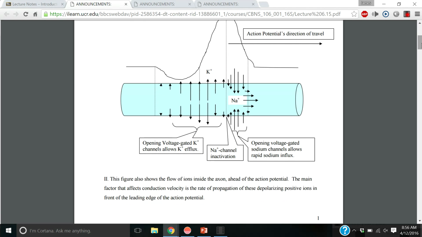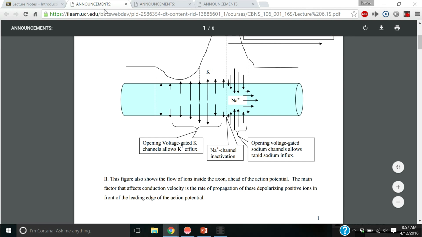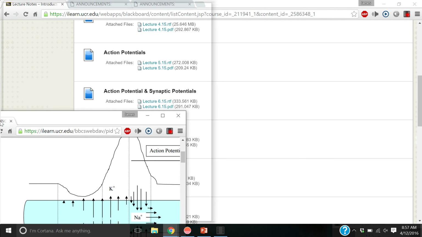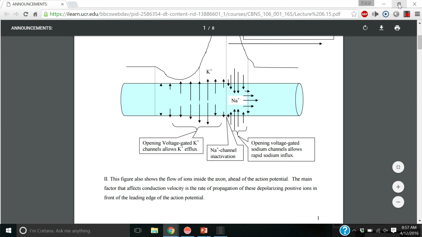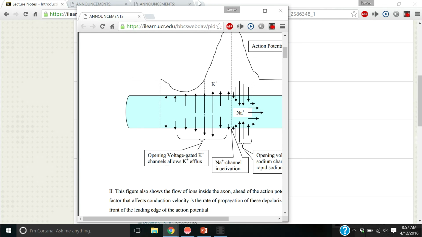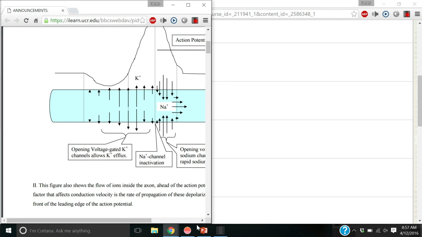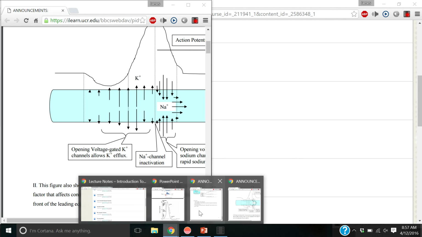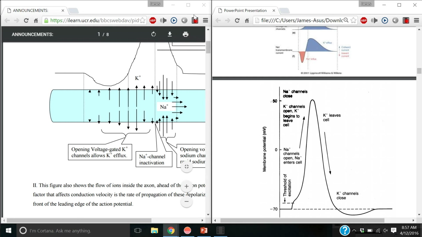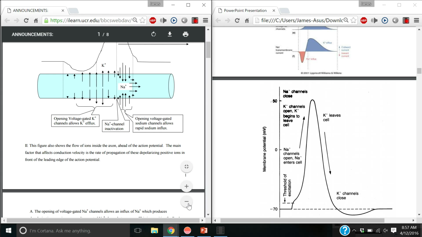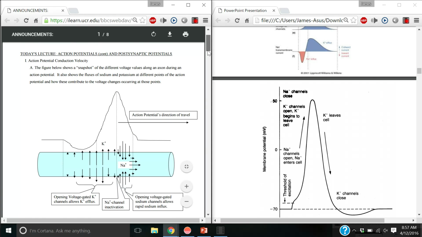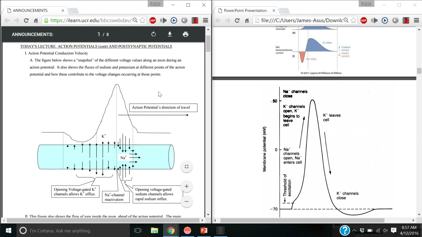So the diagram here, the blue part, the cylinder, is meant to represent an axon. And everything else is essentially trying to represent what's going on in different portions of the axon at different points during an action potential.